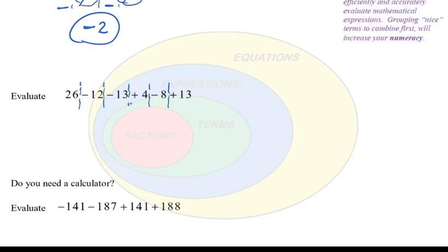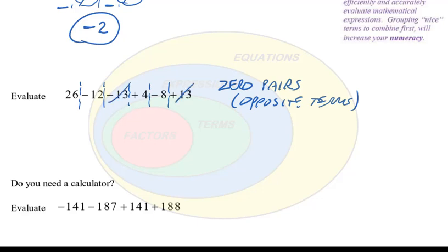Again, I'm looking for opposites, those zero pairs, basically opposite terms. Those are really easy to combine. So a -13 and a positive 13, we're going to combine those and get 0. So we don't need to worry about it.